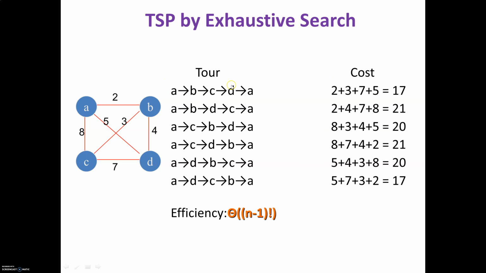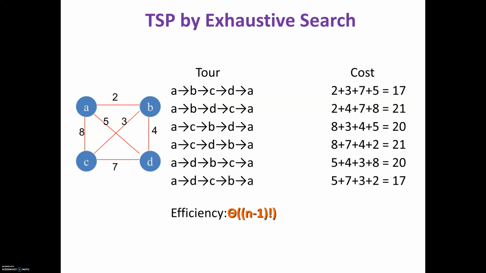The constraint of this problem is that the traveling salesperson has to visit all the cities exactly once, and come back to the city with which he started the tour. Look here, all of these satisfy the constraint, and we have calculated the tour lengths. These two tours, the first one and the last one, have the minimum weight.